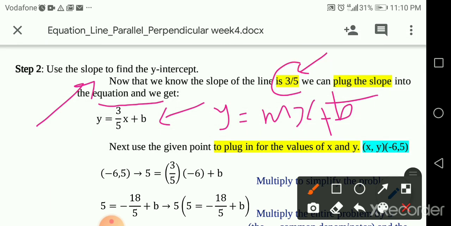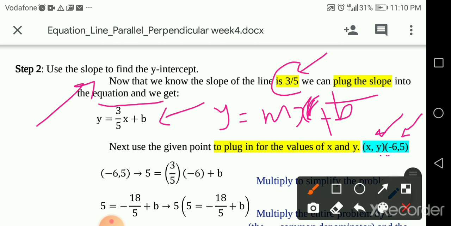Next, use the given point to plug in for the values of x and y. It's given in my question: x equals negative 6 and y equals 5. I didn't get this myself, it's given in the problem.